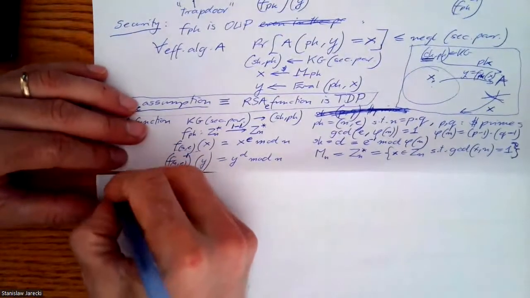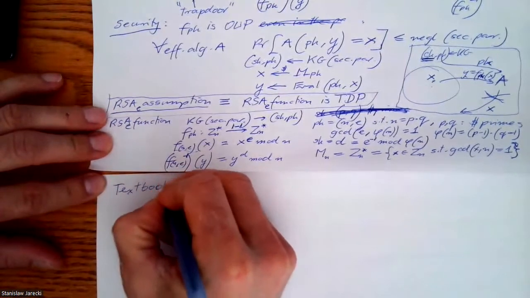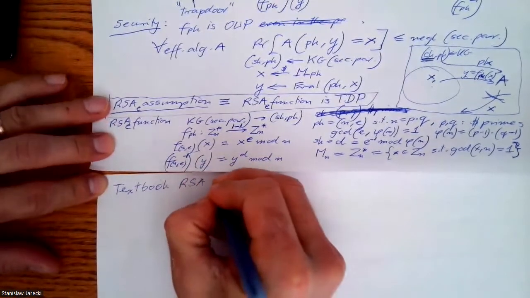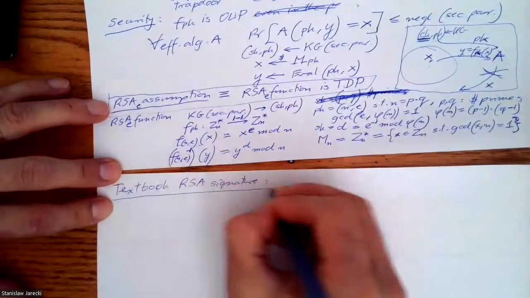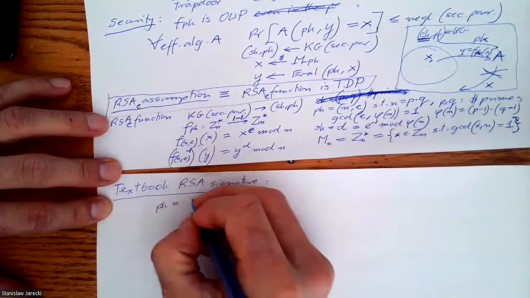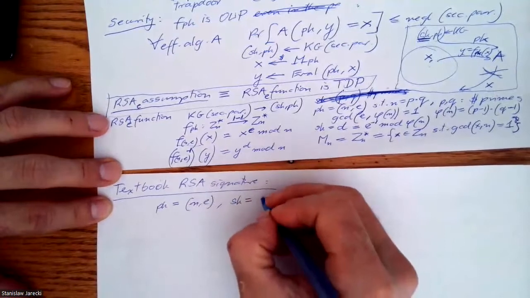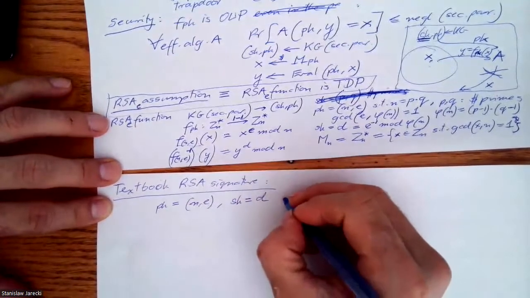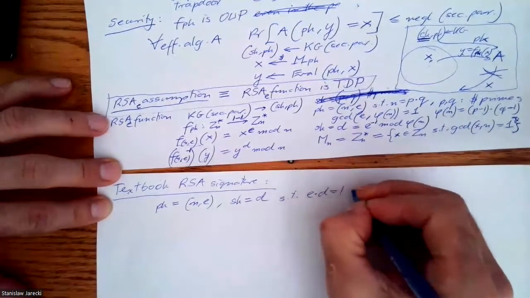First, let's do something called a textbook RSA signature. The public key is like in RSA, with e times d equal to 1 mod phi of n.